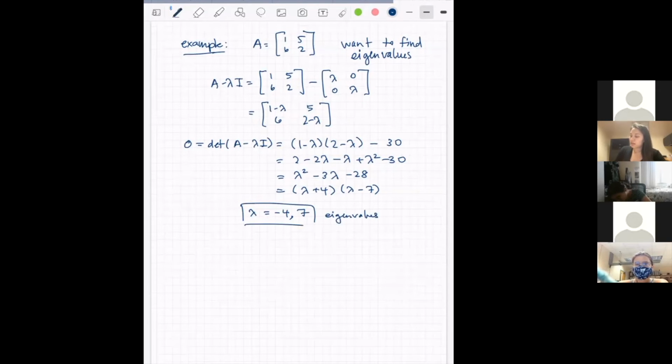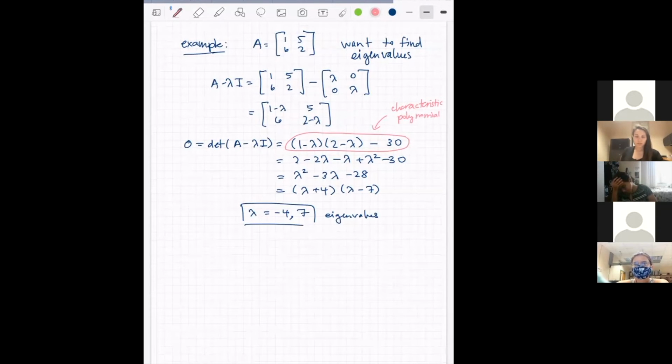So there are two things that came up in this example that we'll have names for. The first is this determinant of A minus lambda I, which gave us a polynomial in lambda. This is what we will call the characteristic polynomial.